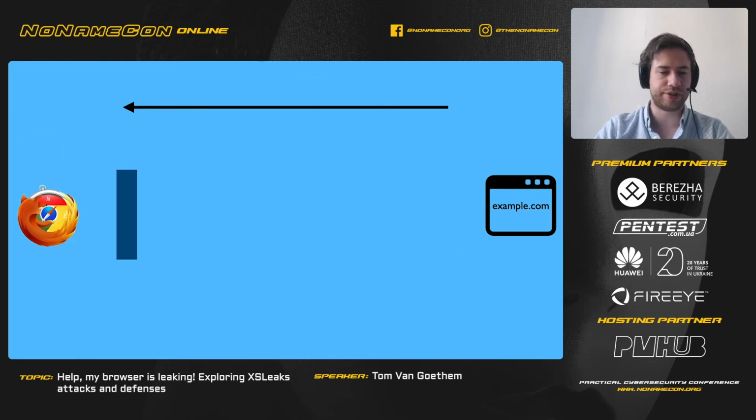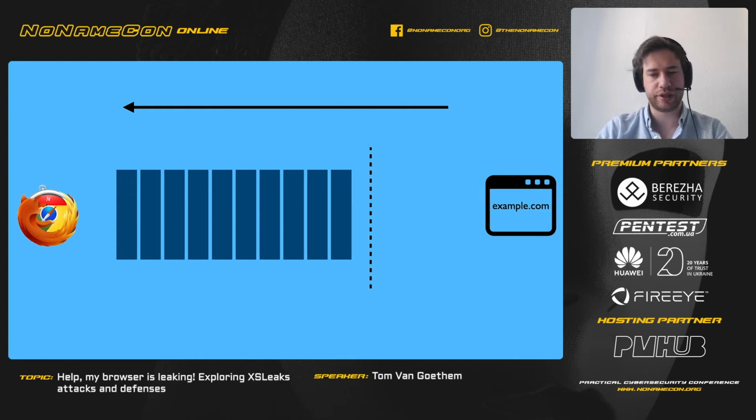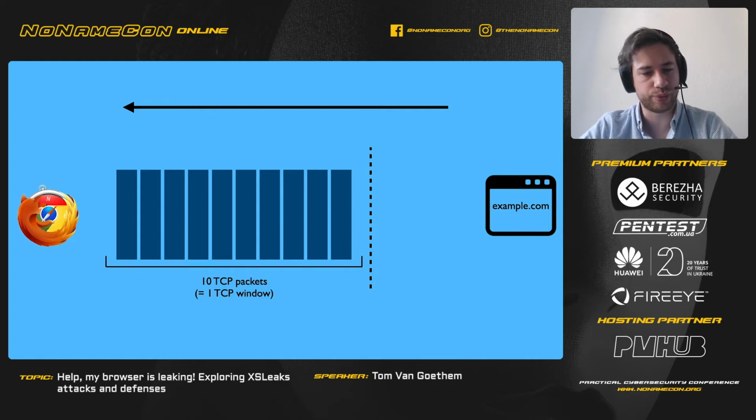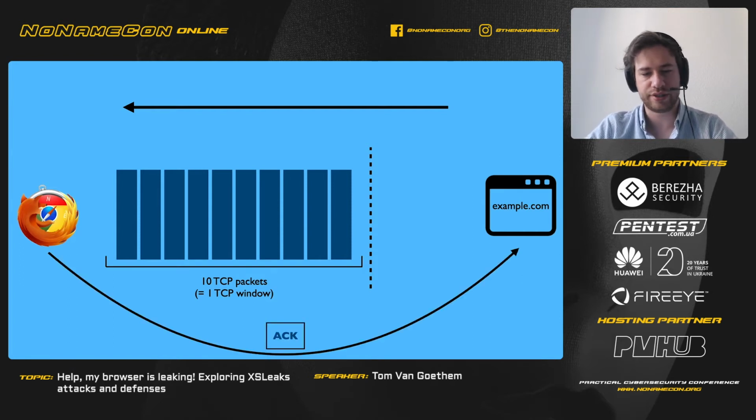So let's look at how these TCP packets are sent to the client. Of course, the first TCP packet will be sent. Right after, it will send the second, and so on, until we have sent 10 TCP packets, which equals one TCP window. Afterwards, the server will have to wait with sending the rest of the response until the client sends an acknowledgement.